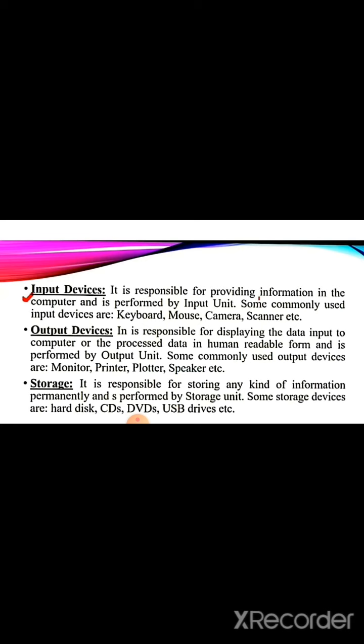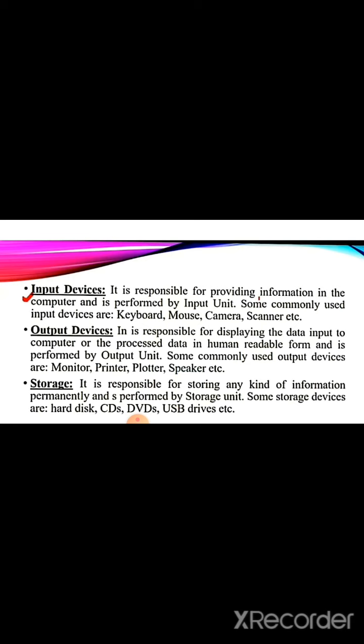In the IPO cycle, at first we give some input, then the CPU processes it, the processing unit handles the input, and then generates the output, which is given through the output devices.